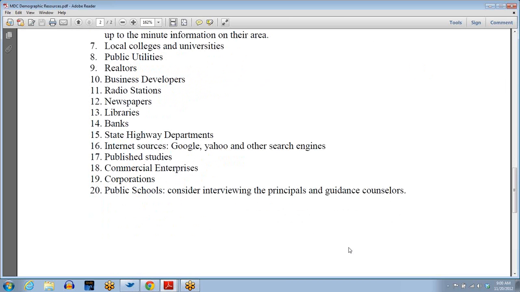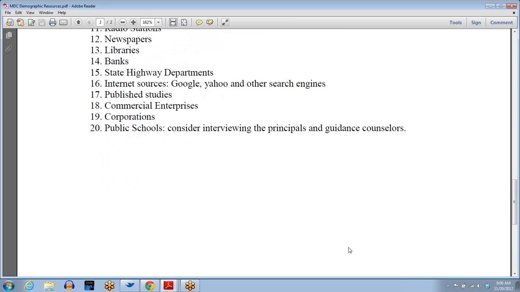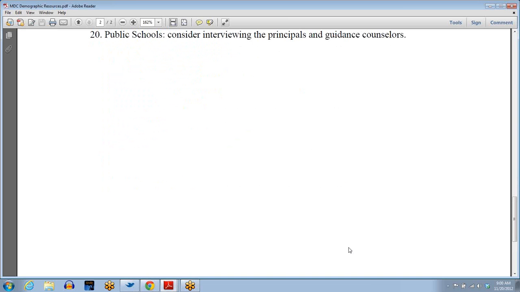Your commercial enterprises. Don't you imagine Walmart has a strong idea of the demographics and the psychographics of a community before they spend millions of dollars putting in a store and then marketing that and giving it time to work and to pay for itself? They do all this homework and you can tap into it.